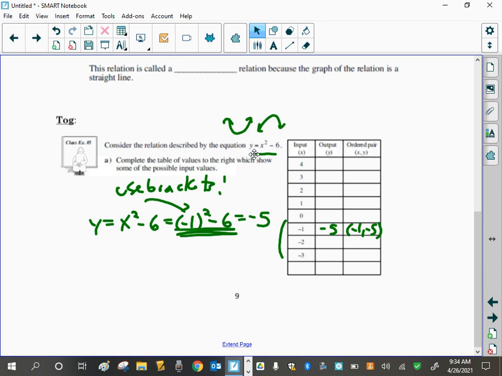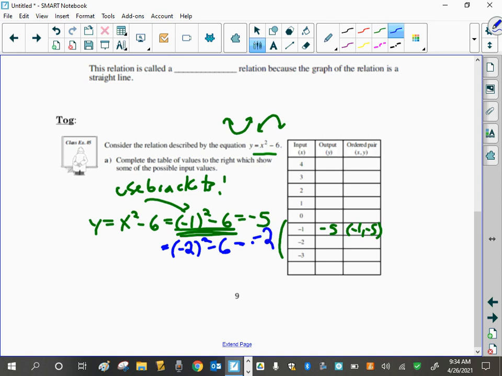Okay, so this one, for the -2, it should be -2 all squared. Subtract 6. What did that equal, everyone? What'd you get? No, good try. You got to put brackets. So 4 subtract 6 is -2. Okay, so do the rest of these.